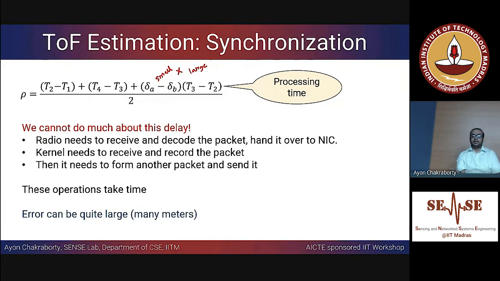This looks reasonable. If you are happy with a few meters accuracy, you can go ahead with this. Or if you know the computation time beforehand, you can always adjust that value. And if you know it is homogeneous across all the devices, you can do all such things. But is there a way that I can do better?